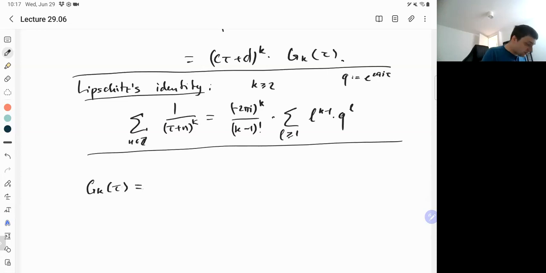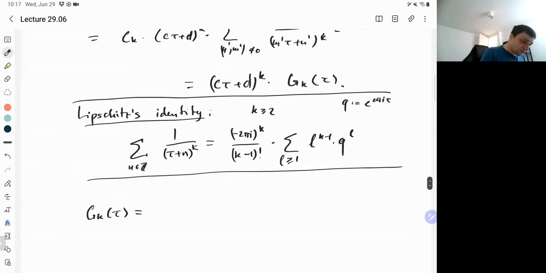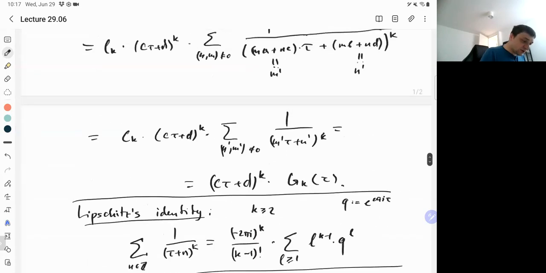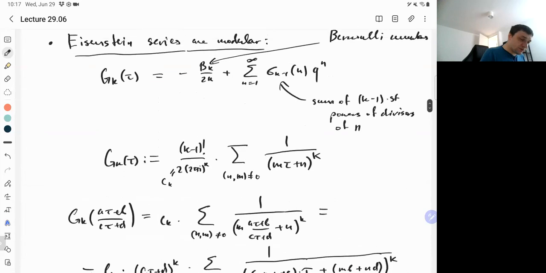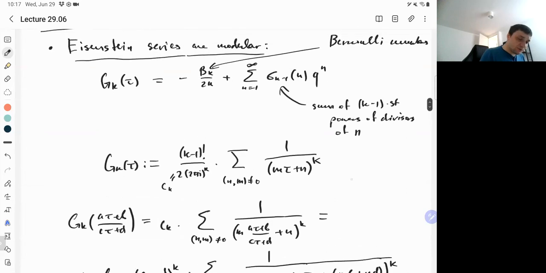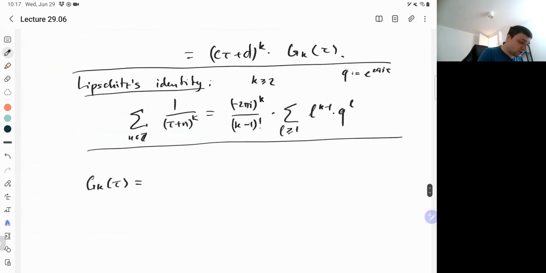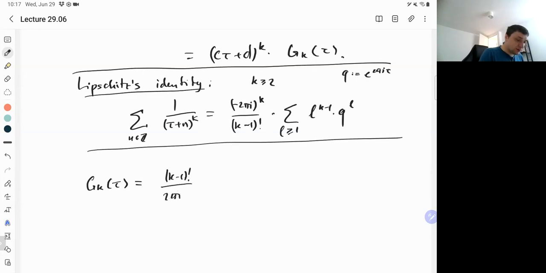g_k(τ): in the definition you have terms with m equals 0 and m non-zero, and you sum them up separately. The terms with m equals 0 give you this thing.